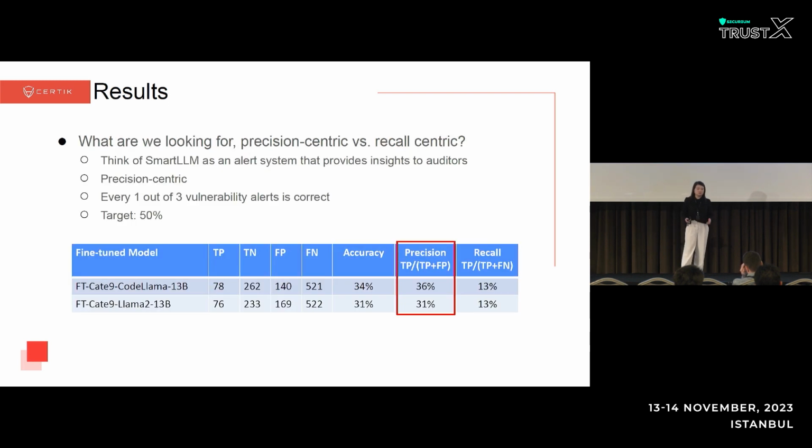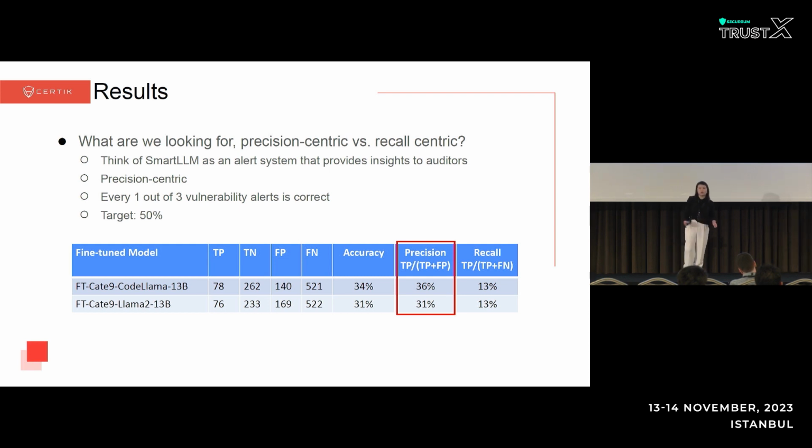So now you might have a question: why are we particularly highlighting precision versus recall-centric, right? If you think about the smart LLM definition that we defined at the beginning, we want a fine-tuned LLM model that helps security engineers discover vulnerabilities. So you can think of this as an alerting system. It provides insights to the engineers.